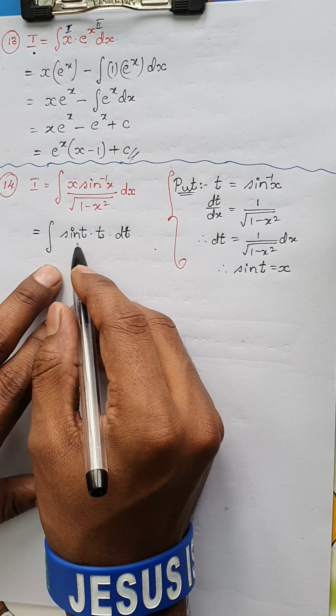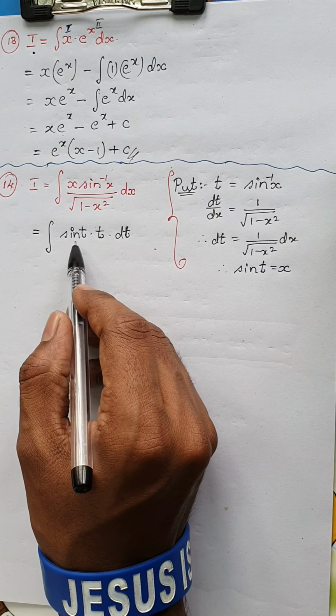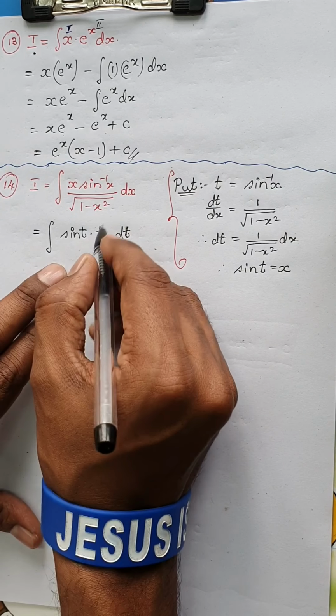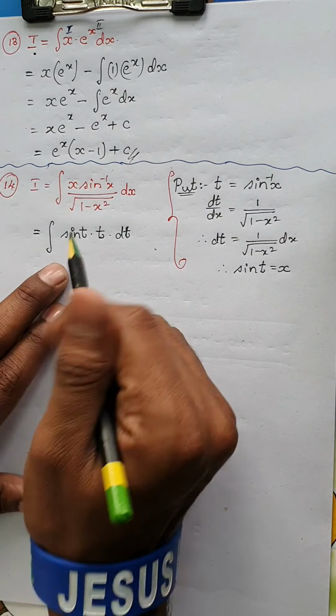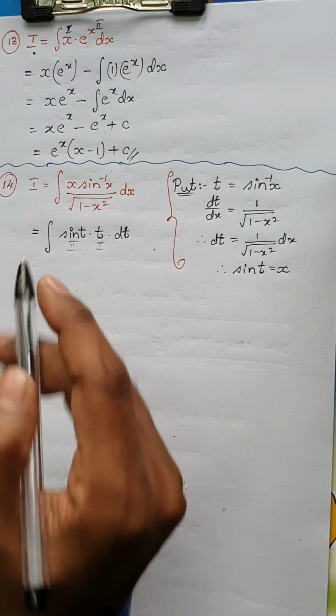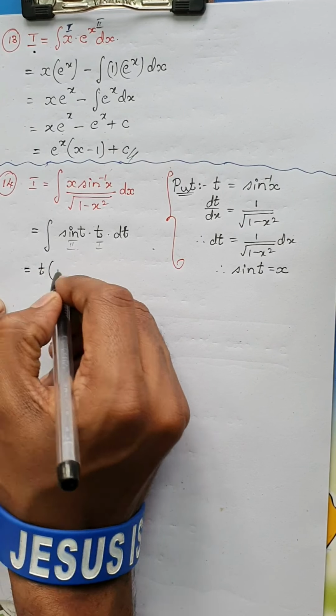Again I have two functions here, algebraic, that is t is algebraic, and sin t is trigonometric. So in this case I'll keep the algebraic function as the first function and the trigonometric function as the second function. So keep the first function t as it is.